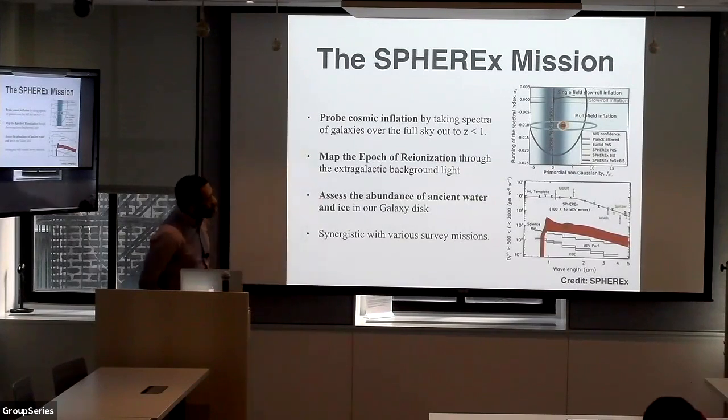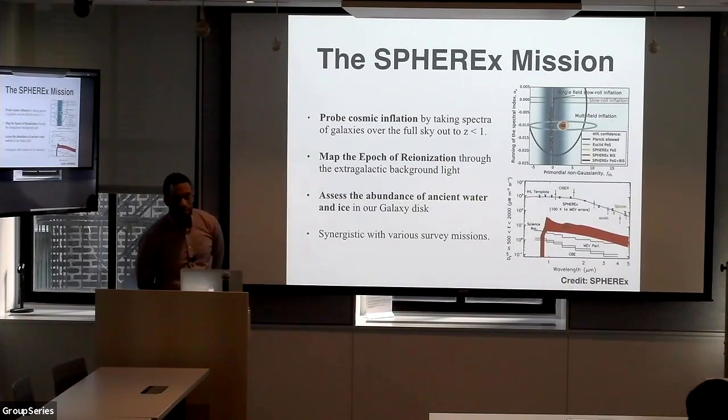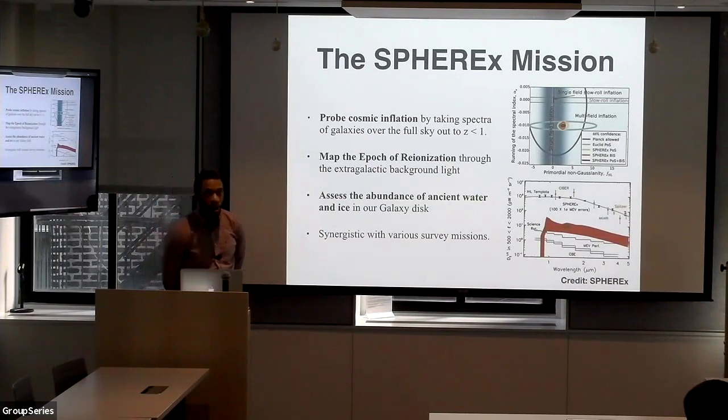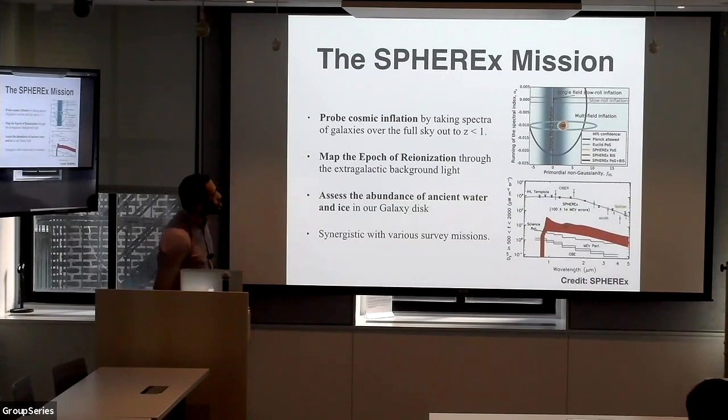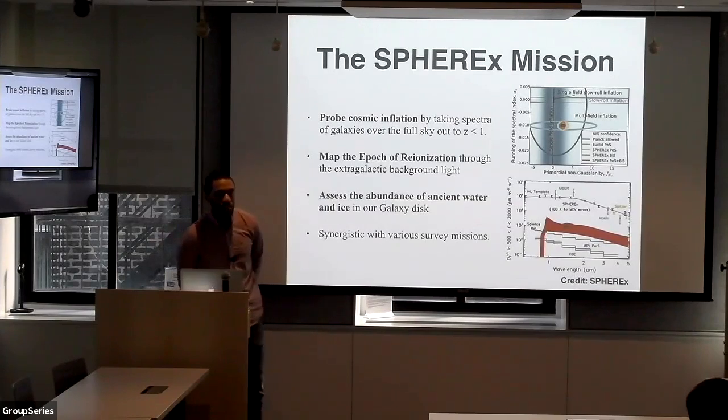The first survey is going to be a full sky survey, a cosmic variance limited survey all the way out to redshift 1.5, I believe. Its main science target is to constrain inflation, specifically to get errors for FNL less than 1.